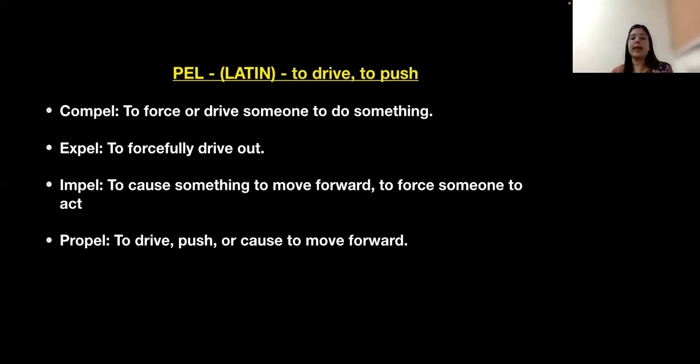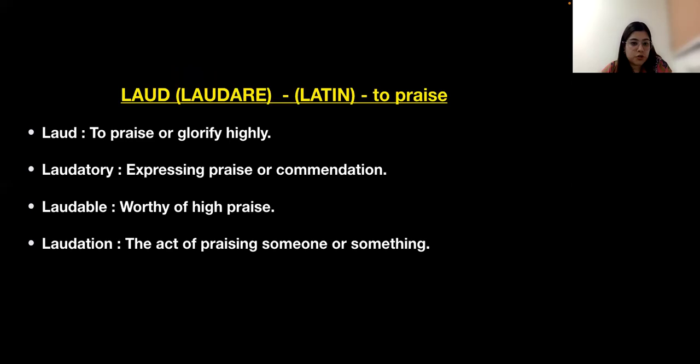I didn't want to, they impelled me to do this: to force someone to act or behave in a particular manner, or go forward with something. Again, propel, to drive, to push, or to cause to move forward. So pel is the root word for to drive or to push.